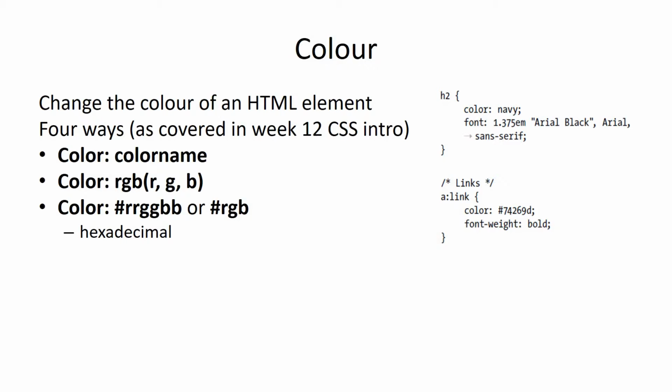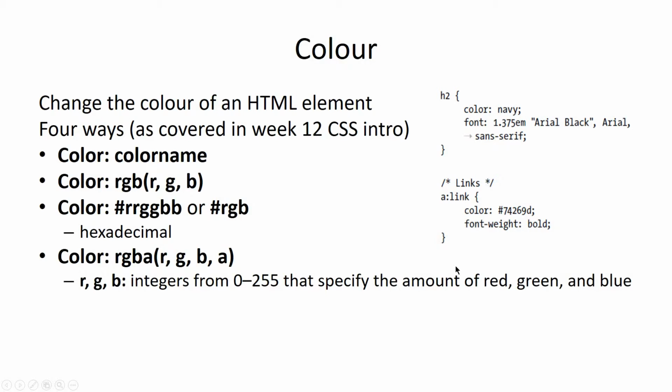Okay, hexadecimal values. And you can also include the extra alpha channel, which represents transparency. So instead of RGB, you say RGBA, and you have 4 values afterwards, representing red, green, blue, and alpha channel, which is transparency. I think the larger the value, the more transparent the color is.